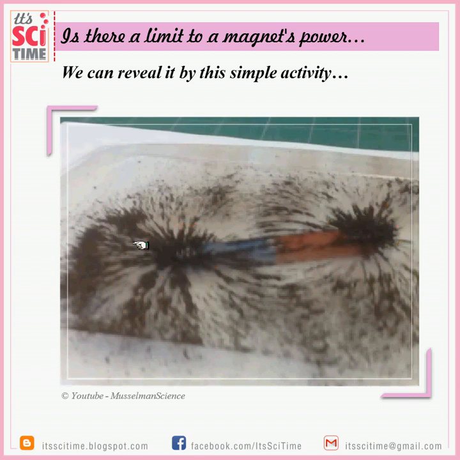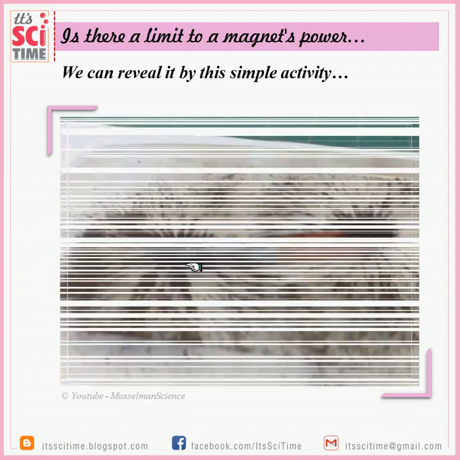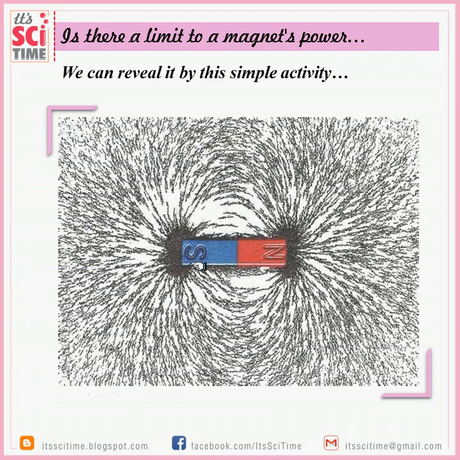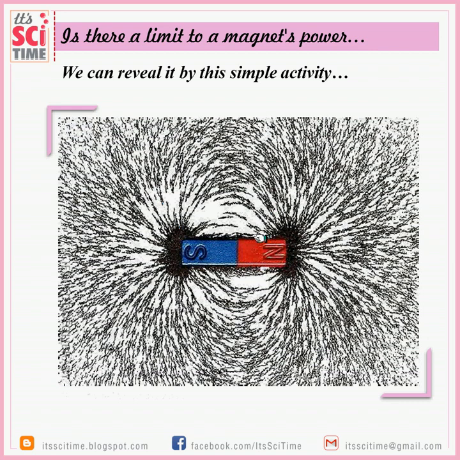Let's see a clearer picture. This is one end and this is the other end. Iron filings gather more around these two ends. We call these ends the poles of a magnet. Poles are the strongest areas of a magnet. The middle, the center of the magnet, is the weaker zone.